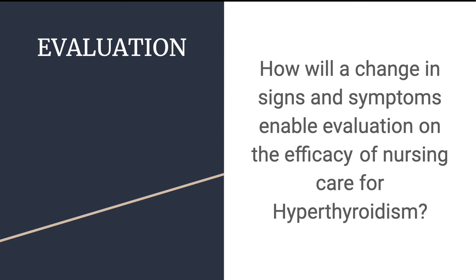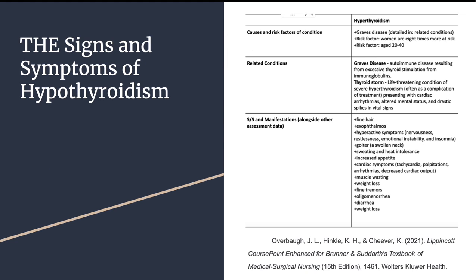Now, as far as evaluation of the treatment of hyperthyroidism, relating this to the signs and symptoms, we want to largely be seeing symptom relief. So as far as treating the actual thyroid, do they still feel the increased appetite? How does their mood adjust? Are they cardiacally stable? As far as treating the symptoms, we want to resolve the diarrhea.